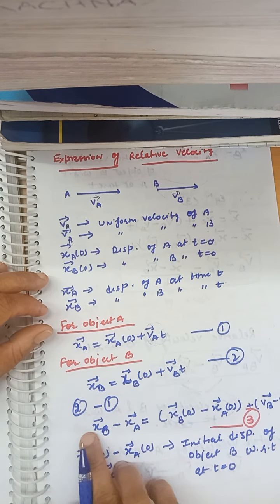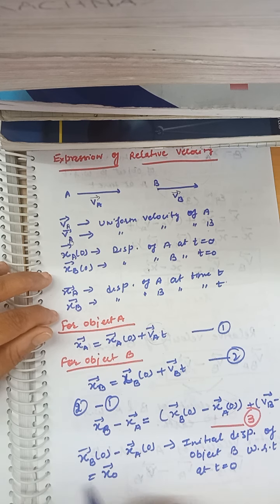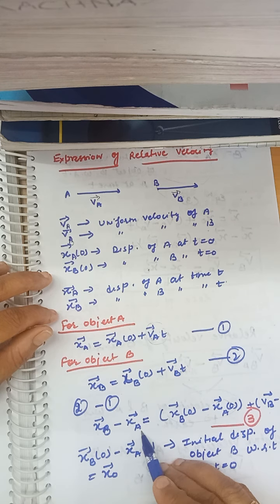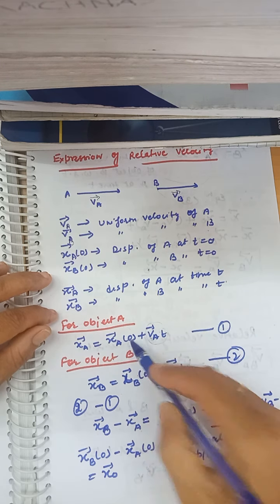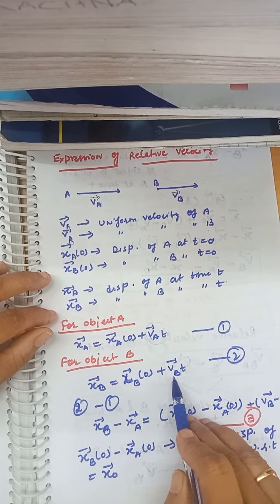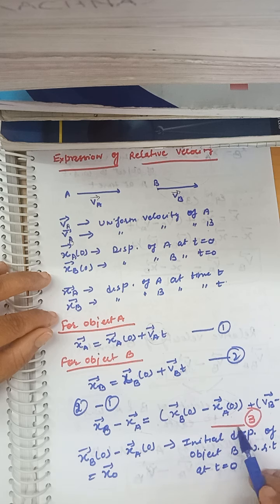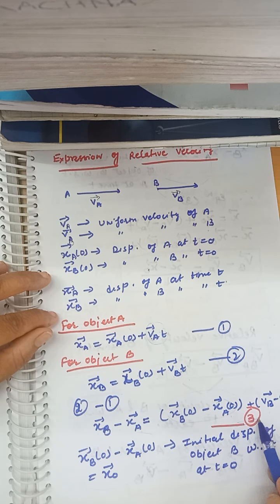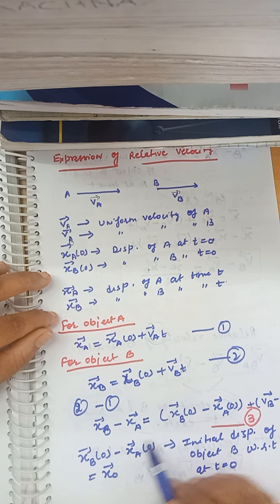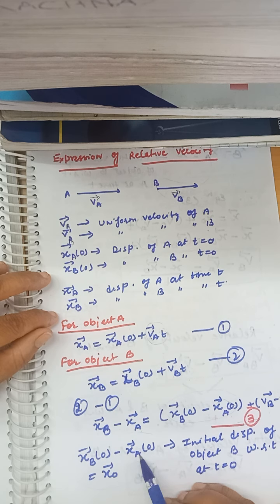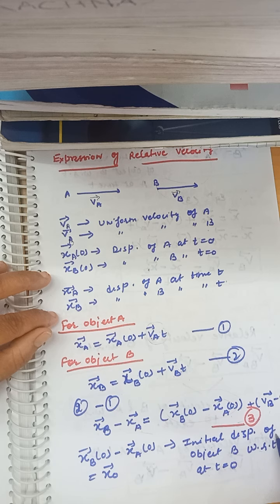So xb minus xa is equal to xb naught minus xa naught plus vb minus va into t. This I have considered as equation 3. What is this? This is the total displacement at time t is equal to 0. So this is the initial displacement of object B with respect to object A at time t is equal to 0. This is called initial displacement.